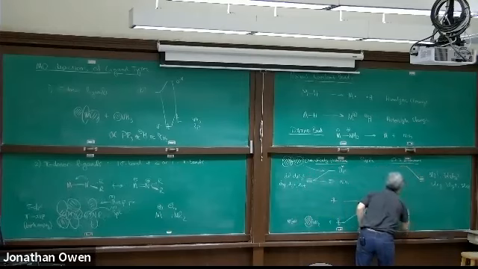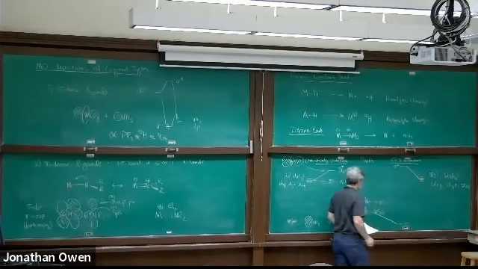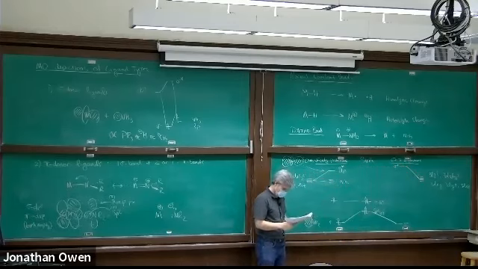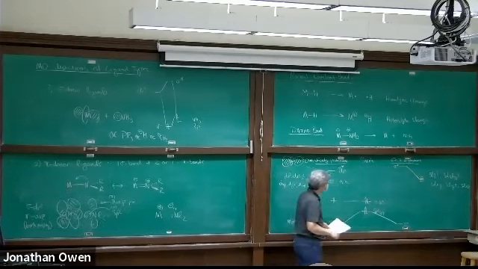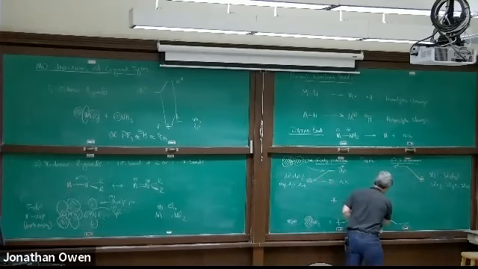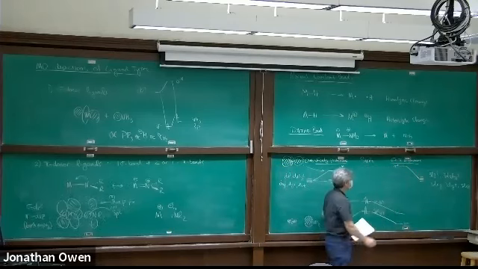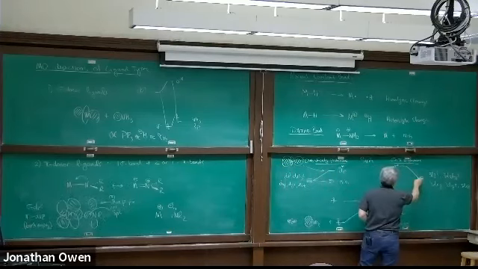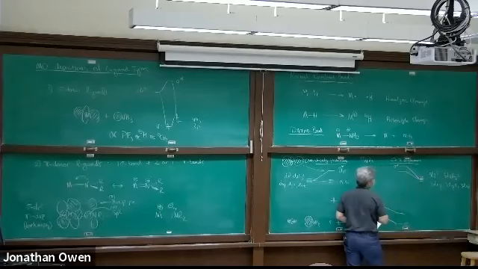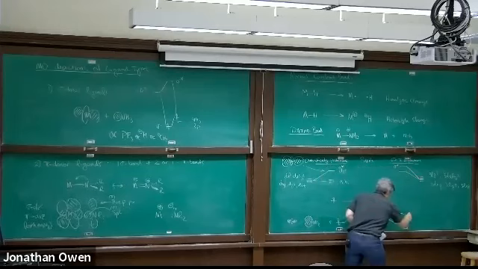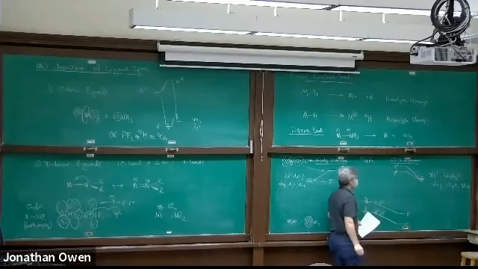We got our sigma, our sigma star. And what happens to the pi bond? We're going to have pi this time. We'll make another bond, right? This is the pi bonding. This is pi antibonding.